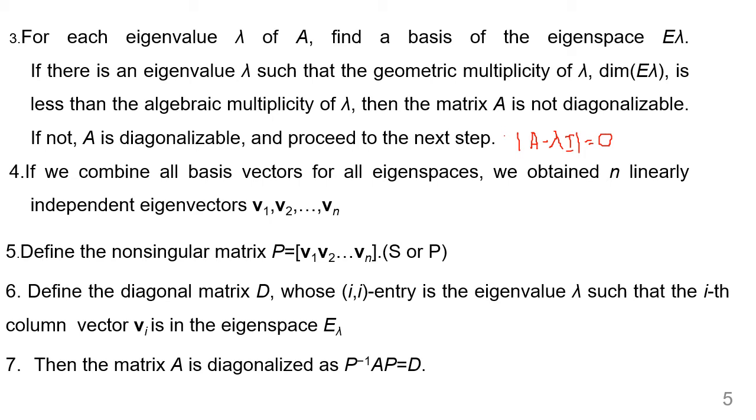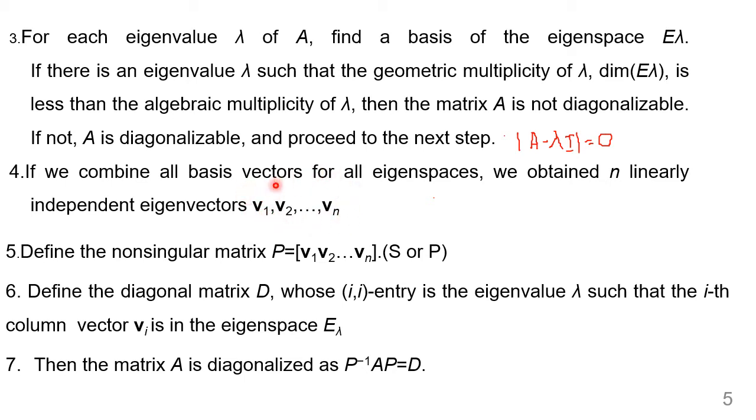Therefore, we will not proceed to the next step. Otherwise, we can go to the next step and find the eigenvectors corresponding to each of these eigenvalues. And for the eigenvectors computed, let's say v1, v2 up to vn, we have to check for their linear independence.